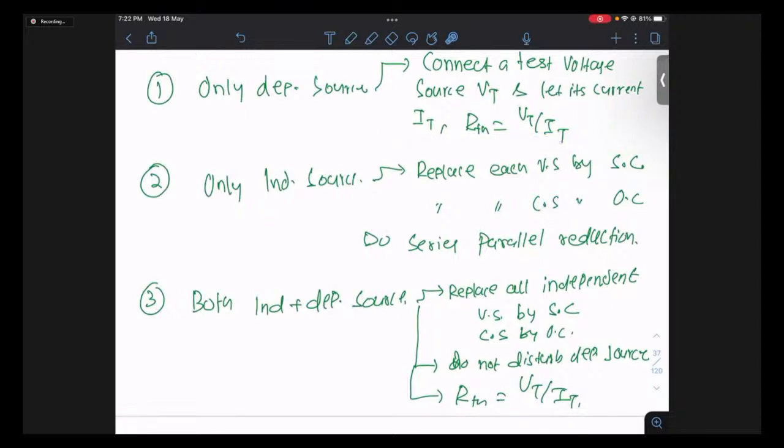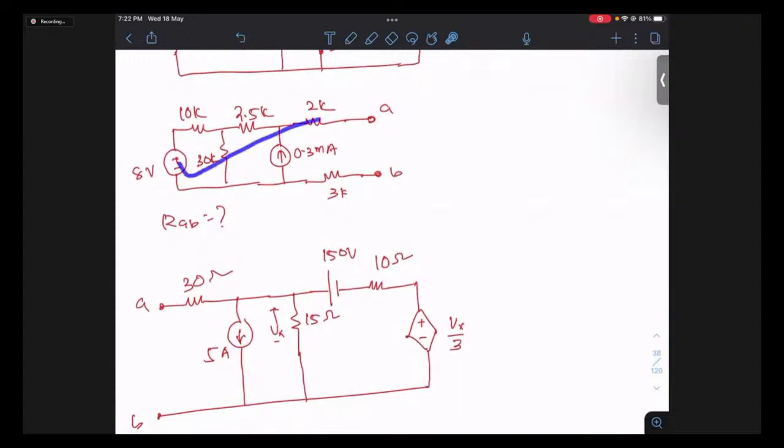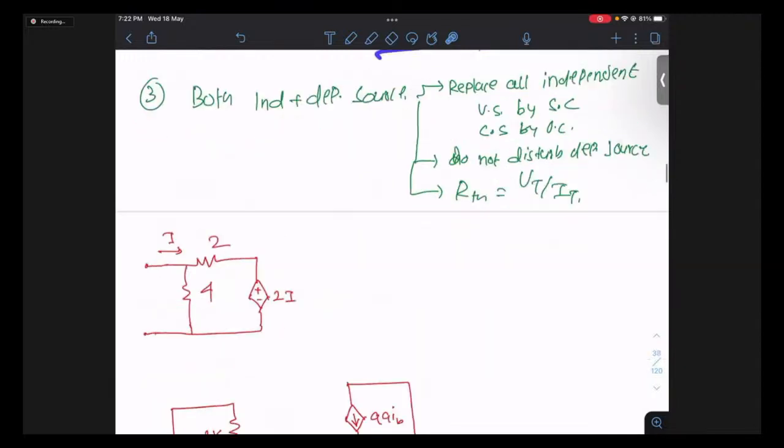Let me explain all these concepts one by one. Let me come into this category. This network is containing some sources, but only independent sources. In other words, there are no dependent sources in this network. The statement I said: in only independent sources, replace each voltage source by short circuits, each current source by open circuits, then do series parallel reductions.